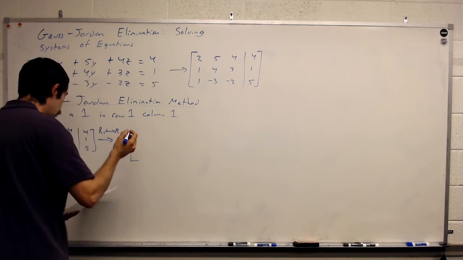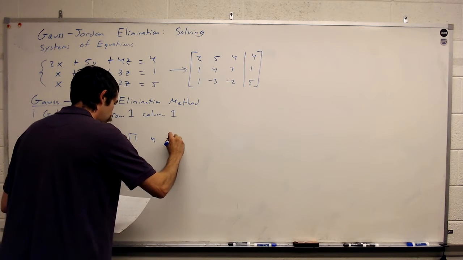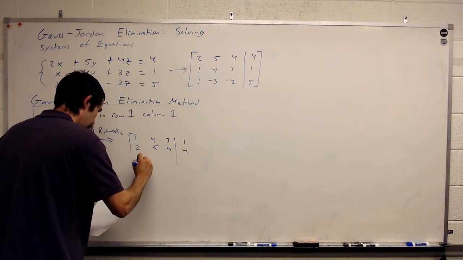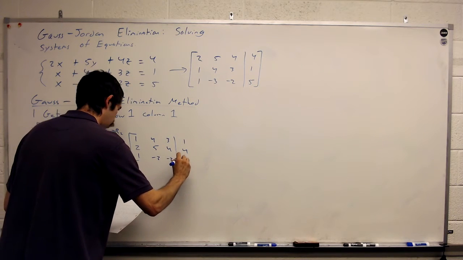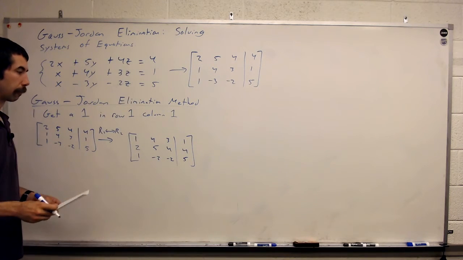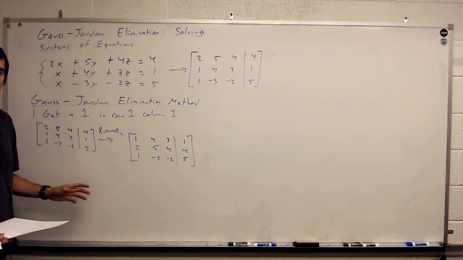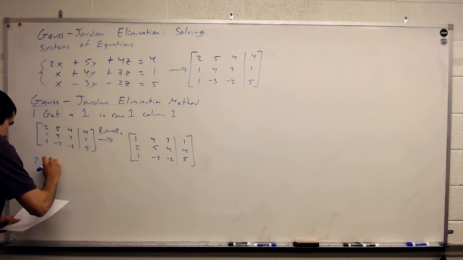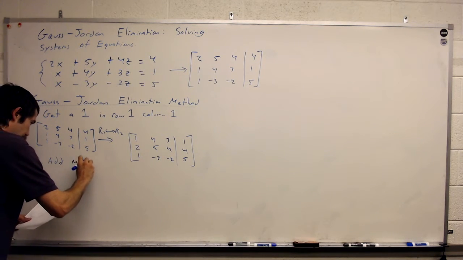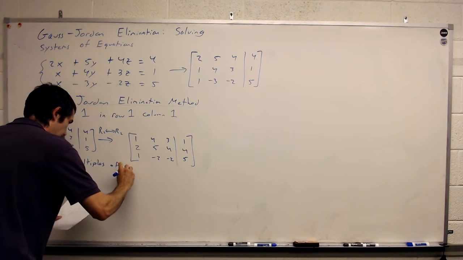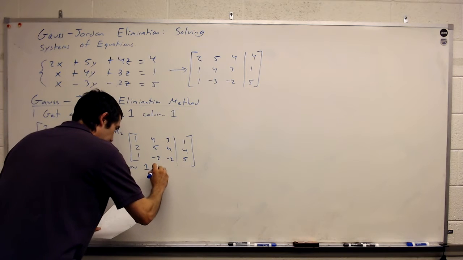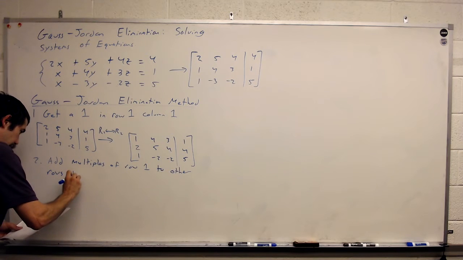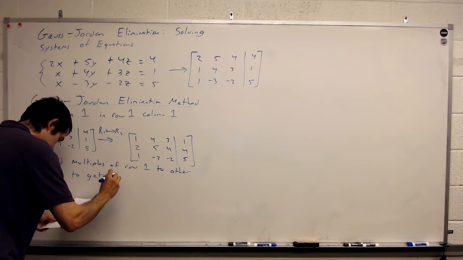All right, so this gives us a new augmented matrix. All right, the next step is add multiples of row 1 to other rows to get zeros in the first column.